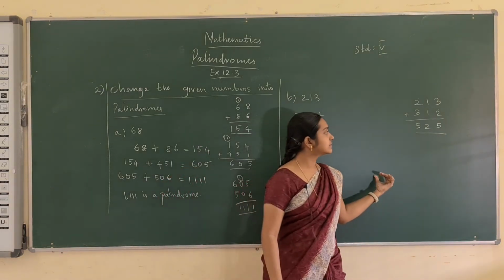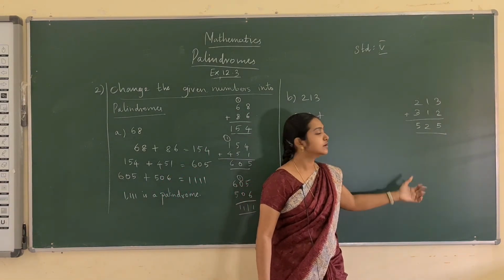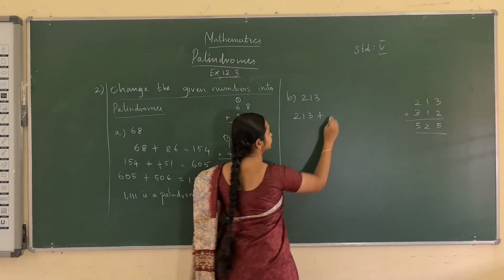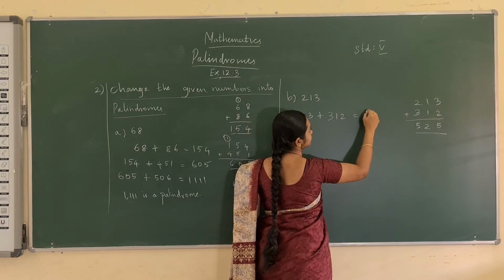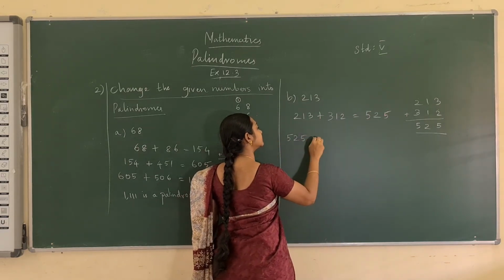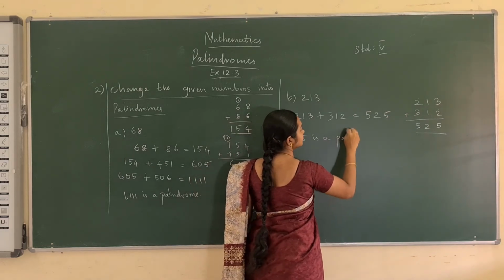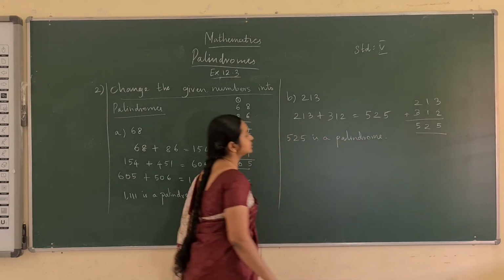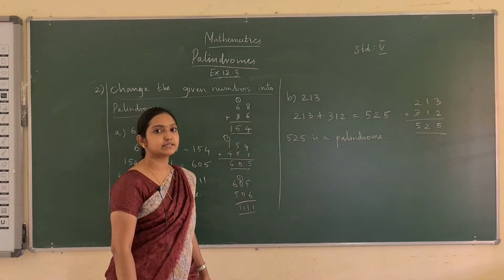While reversing also we will get 525. So this is a palindrome number. So we can stop here because we have got a palindrome in the first step itself.